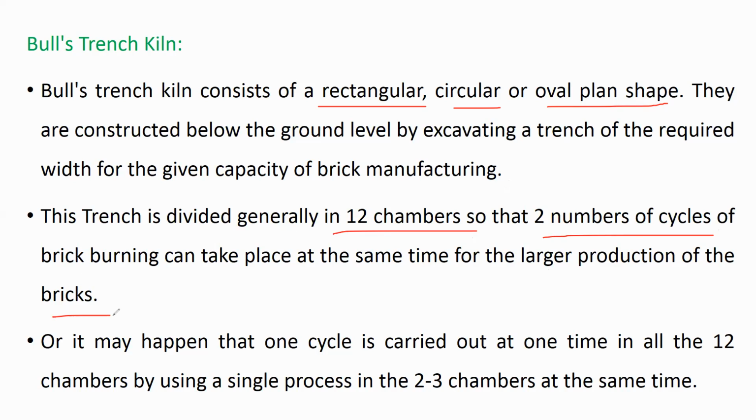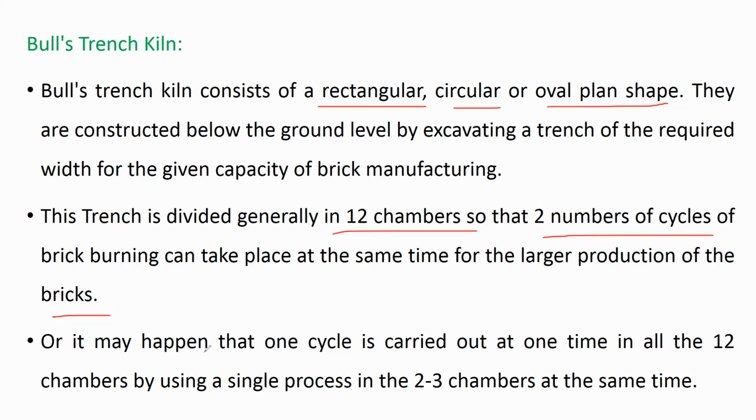In those 12 different chambers, at a time, burning can take place in 2 chambers. In 2 chambers we will bring and keep bricks for loading. In another 2 chambers burning will be taking place. Another 2 chambers at a time, meaning all the processes will be taking place at a time in the overall kiln.